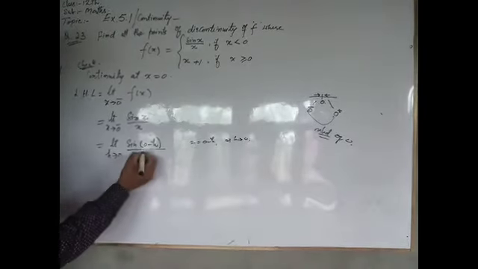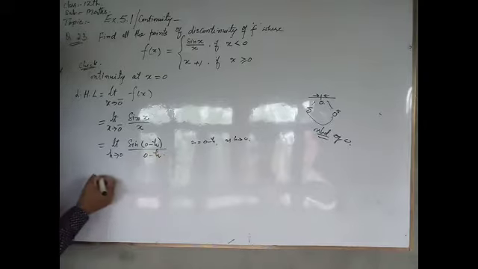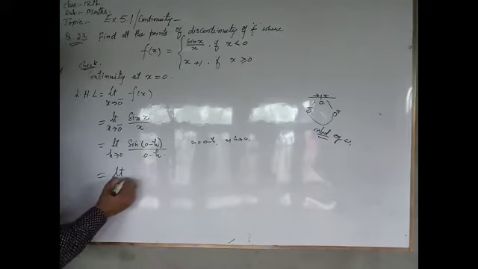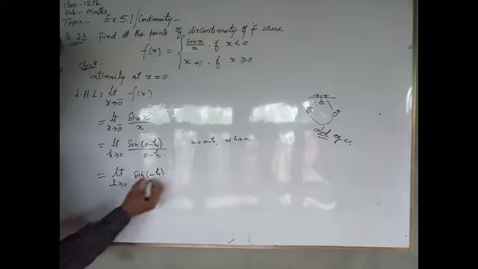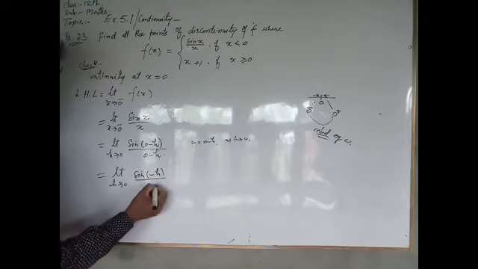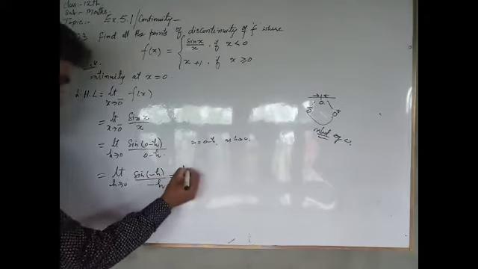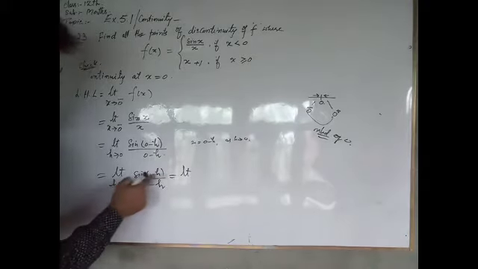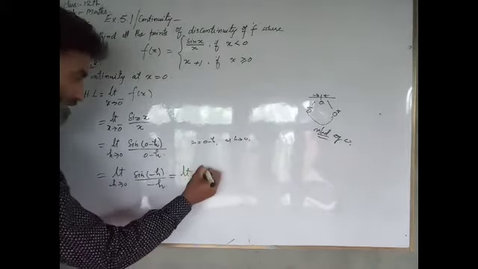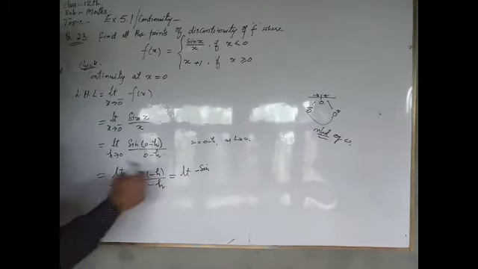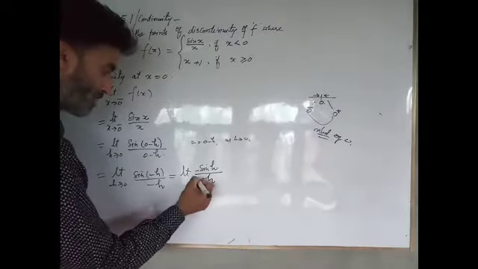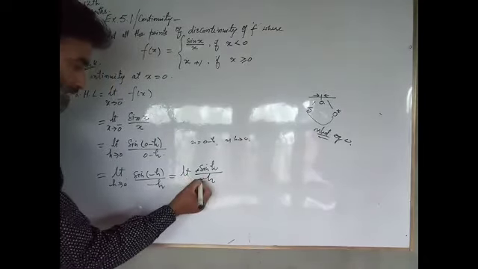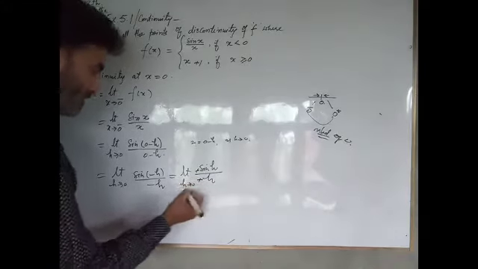It is equal to limit h approaches to 0 of sin of minus h divided by minus h, which equals the limit of minus sin h divided by minus h, because sin of minus theta is equal to minus sin theta. The minus and minus will cancel, h approaches to 0.